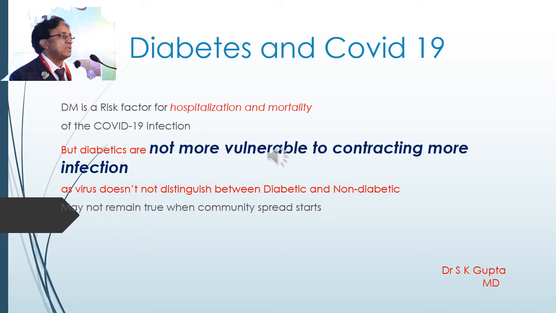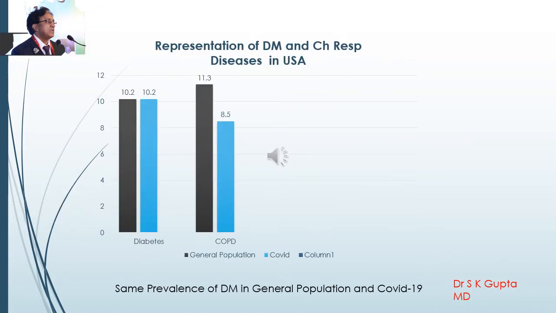Yes, of course, once a person contracts the disease, a diabetic is likely to have a much more serious disease, with a high risk of hospitalization and a high risk of mortality than non diabetics. Let us analyze the world data about it, which shows the prevalence of diabetes in the general population and in patients of COVID.